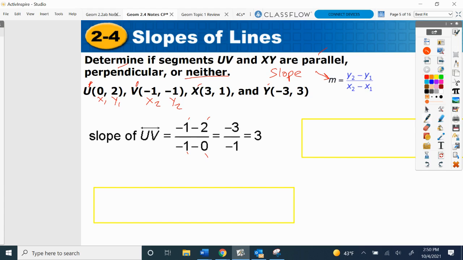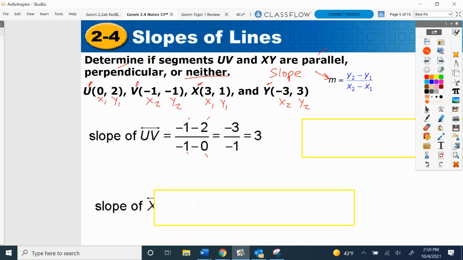All right, let's take a look at what happens if we calculate the slope of XY. We'll take X and Y next. Again, we're going to label one of our coordinates x1, y1, the second set as x2, y2, and then we're simply going to plug those coordinates into our slope formula and see what type of slope it generates for us.